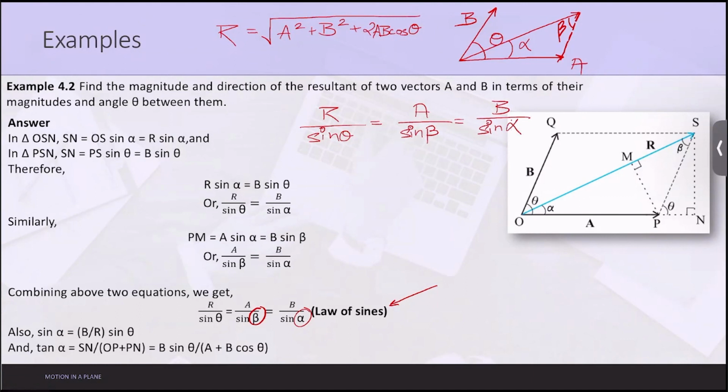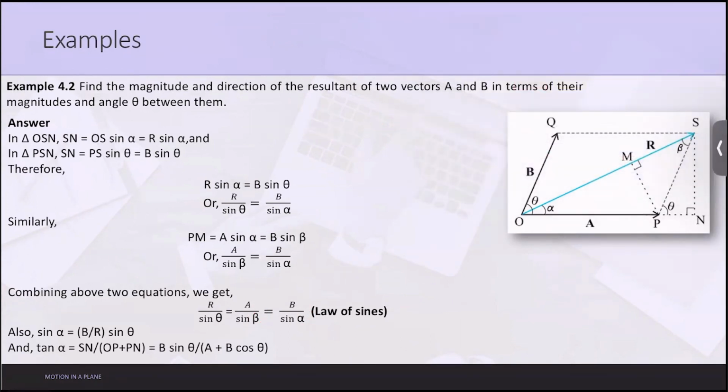So you can remember it like this: the thing which is written on the opposite side will be in its expression. A will have sine beta in its location and B will have sine alpha in its location. That is the end.